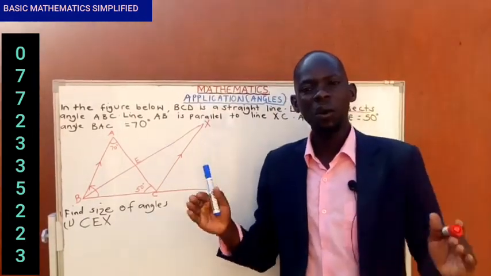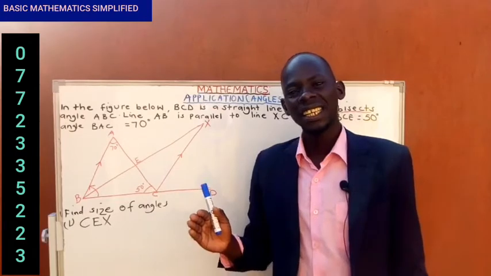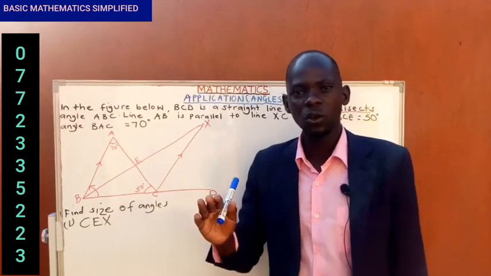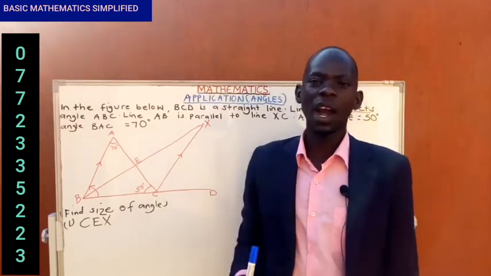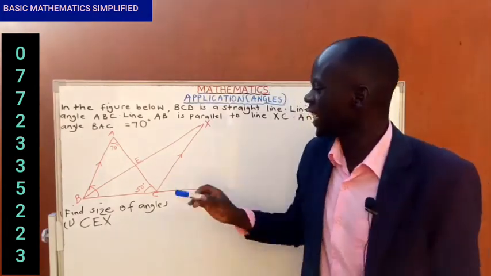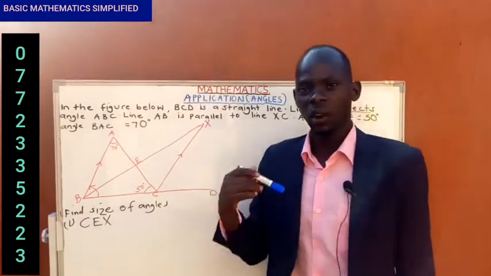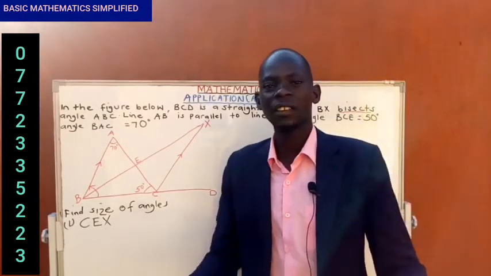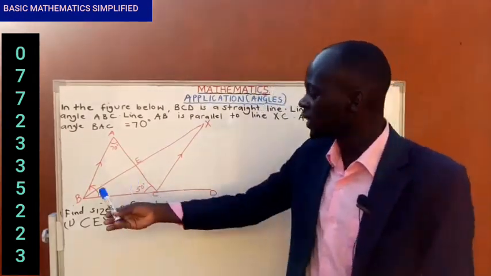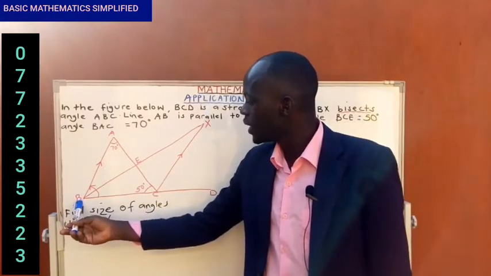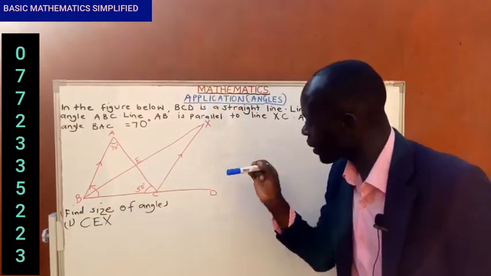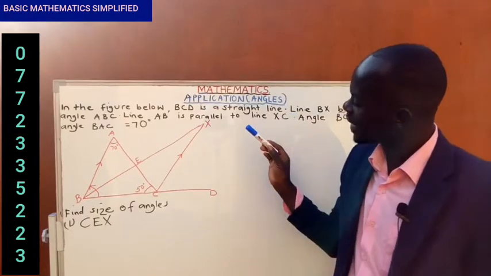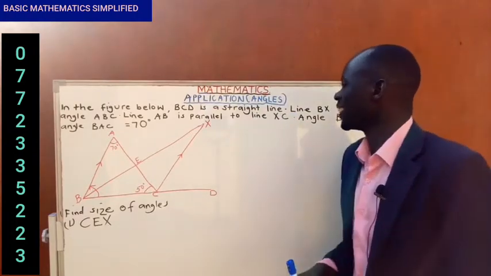Property of angles on parallel lines. Members, I know you have gone through this, but when time comes, if there's need, we can still revisit them, because I made a video about this some time ago, but I can still refresh it and make another one. This line BA or AB is parallel to line XC.